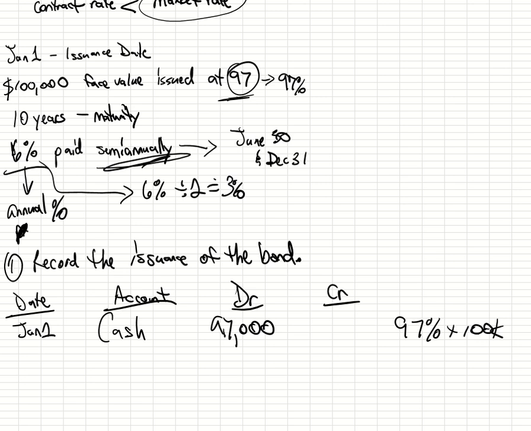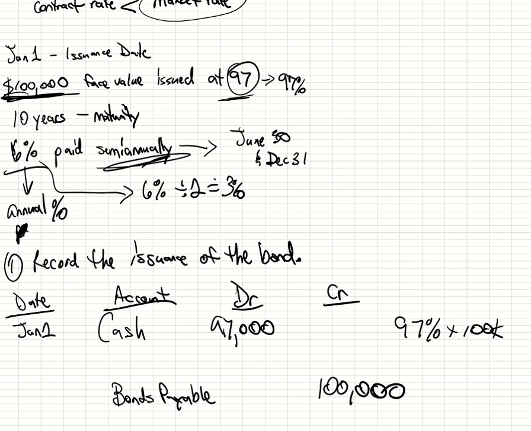Next, I'm going to go ahead and record the why. Why did we receive cash of 97,000? Well, the why was because a bond was issued. So since a bond was issued, we're going to go ahead and credit bonds payable for the face value amount that's displayed on the bond of 100,000. Okay.